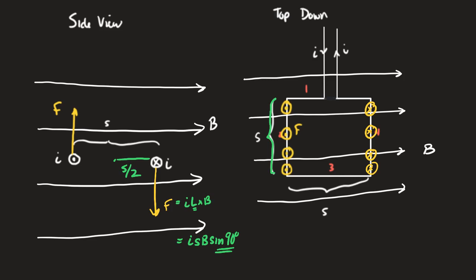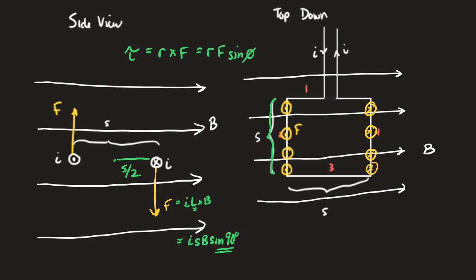Just for a minute, this angle is the angle between the current and the magnetic field. There's going to be another angle in a minute that we do need to be careful about, because the torque is R cross F, or RF sine phi.